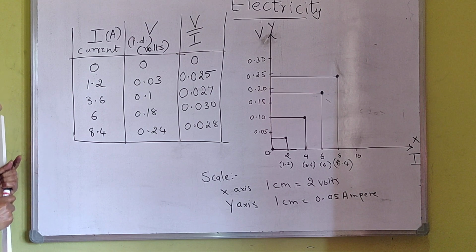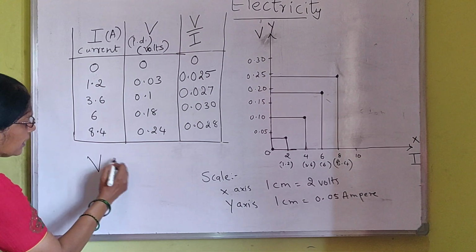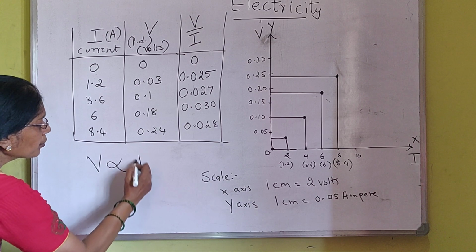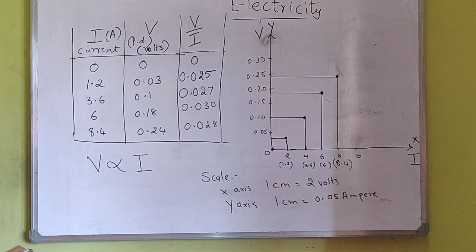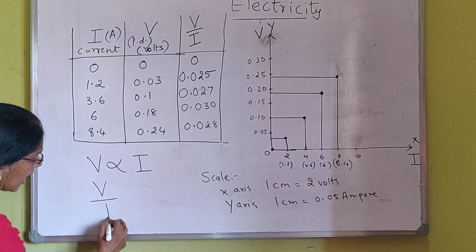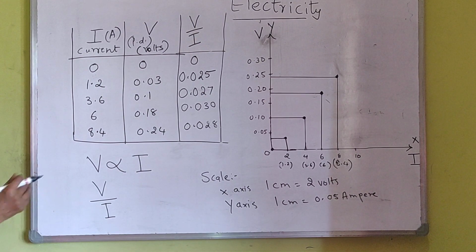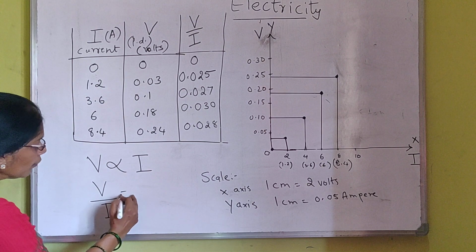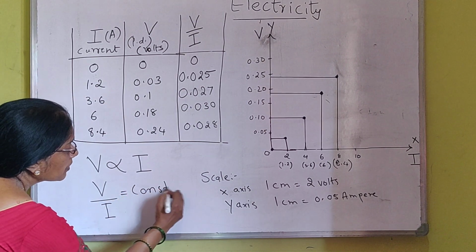So we can say that volt is directly proportional to the current, which means the ratio of volt and current, or the ratio of potential difference and current, will always be constant.